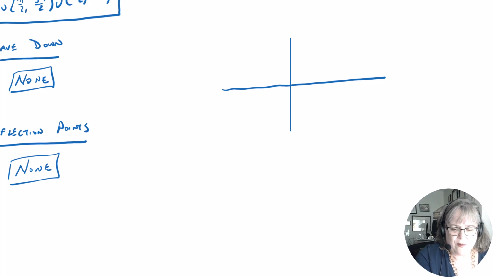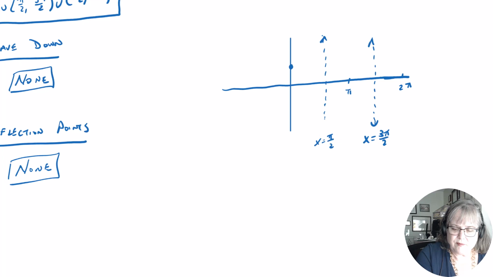Okay, so we had a y-intercept at 0 and 1. We know we had a vertical asymptote at x is equal to pi over 2. This is pi. This is 2 pi. We had another vertical asymptote at x equals 3 pi over 2. All right.